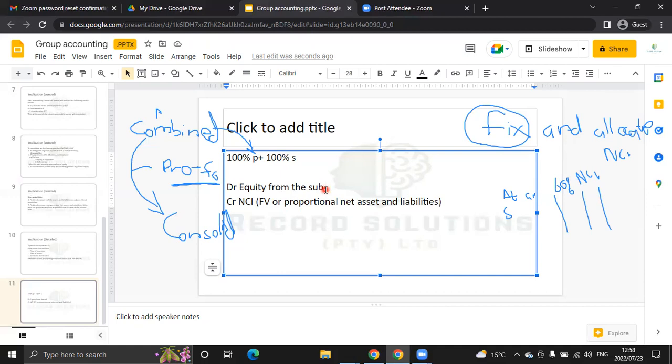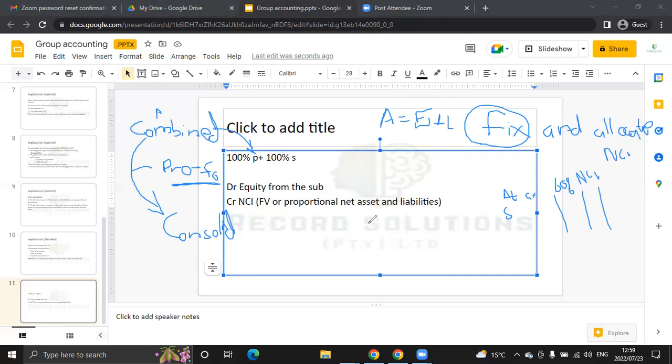Because you know that assets is equal to owner's equity plus liabilities. That's what assets are equal to. So what does net assets and liabilities mean?